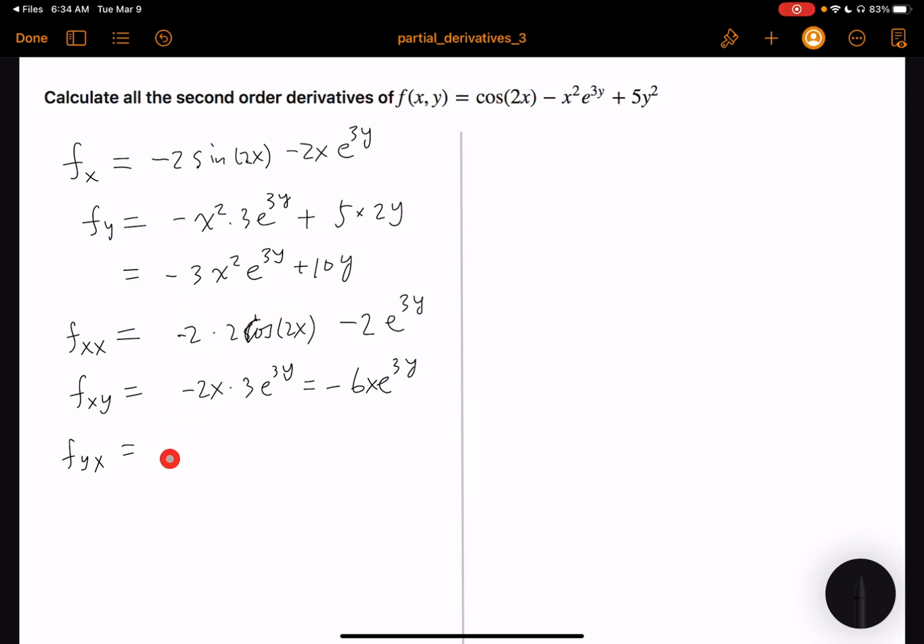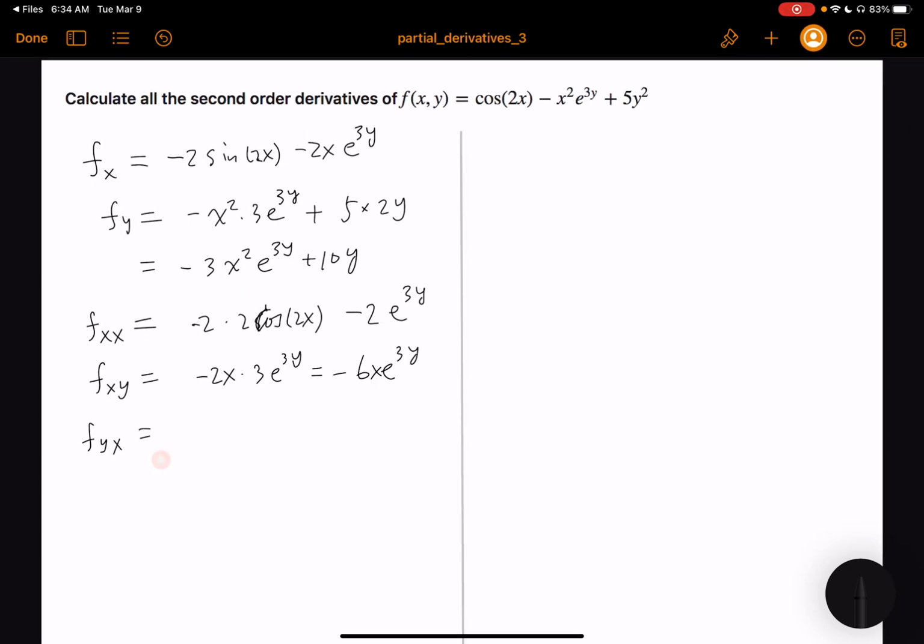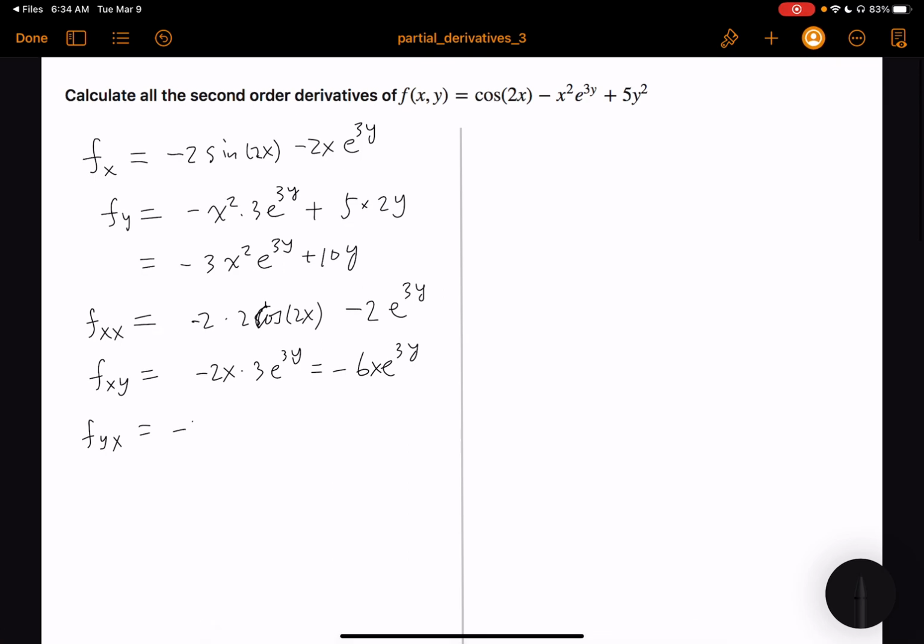So the first item is -3 times 2x, because the derivative of x squared is 2x, times e to the 3y. The second item does not have x in it, so its derivative with respect to x is 0. So this is equal to -6x e to the 3y.